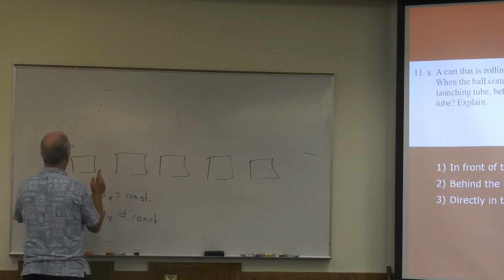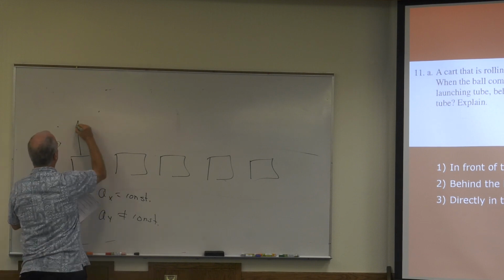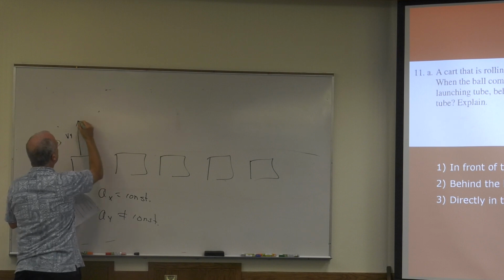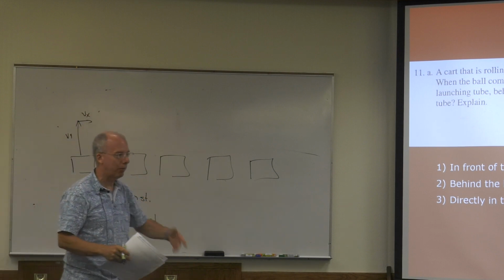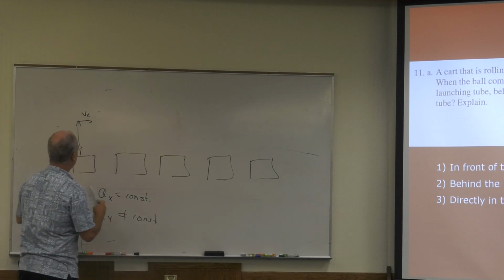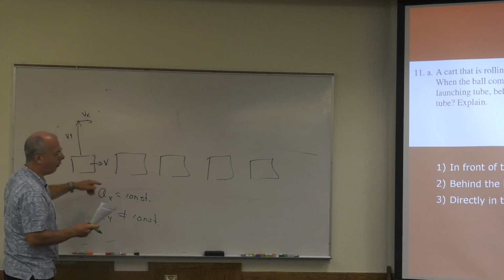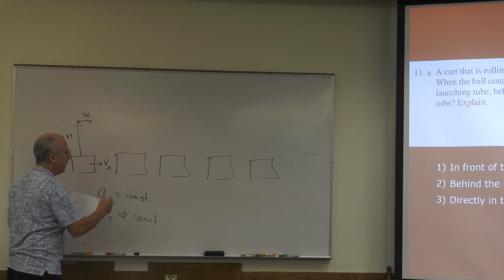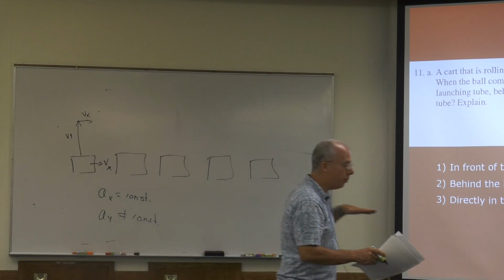Now you notice, according to us, that ball is going to have a Vy component and a Vx component, because the thing's moving when it's shot relative to us. This cart is moving to the right with a velocity, but isn't this Vx the same as that? Of course it is. So that ball is moving to the right.